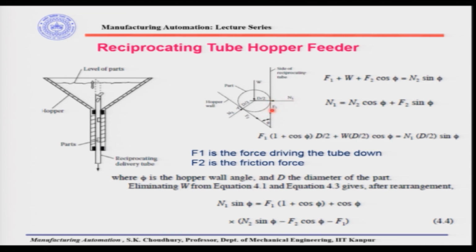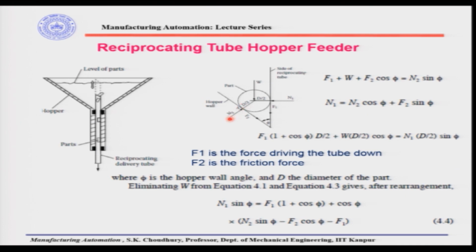Now, F1 is the force which is required to drive the reciprocating tube. F2 is the friction force, okay. Here it is written, F1 is the force driving the tube down, and F2 is the friction force because of the normal force N2 imparted on the part from the hopper wall.